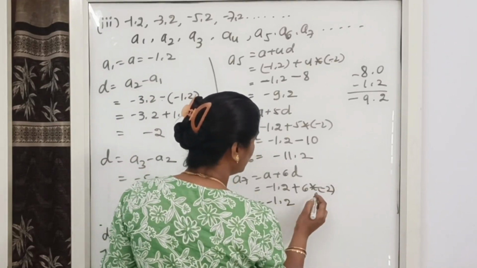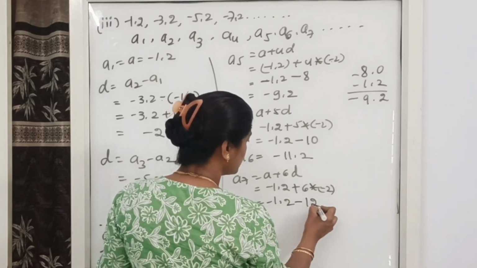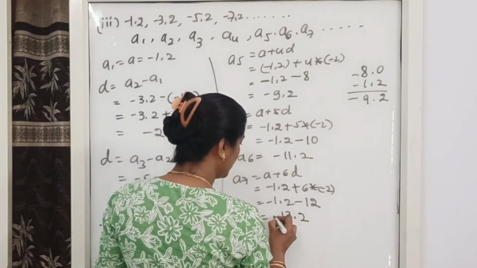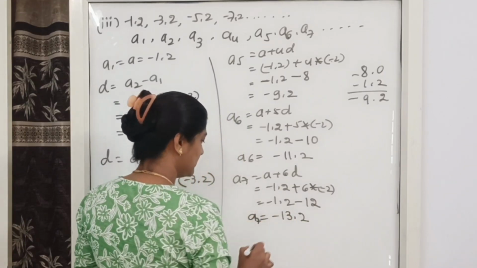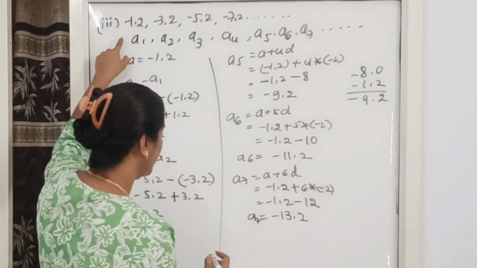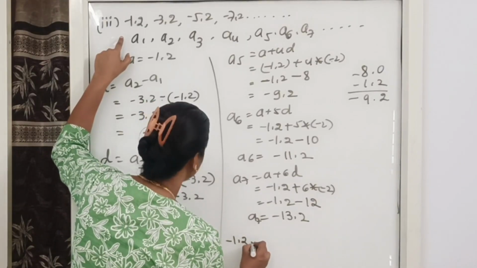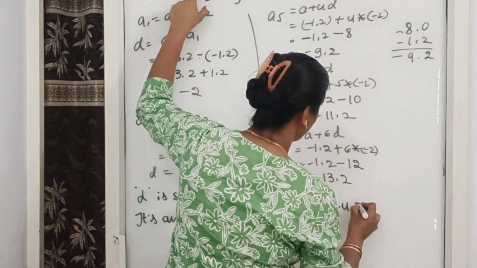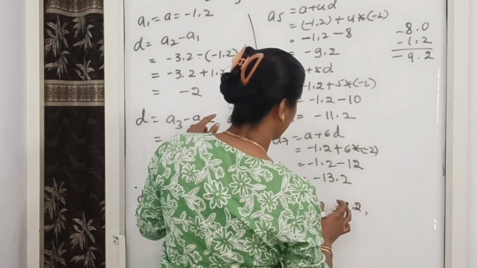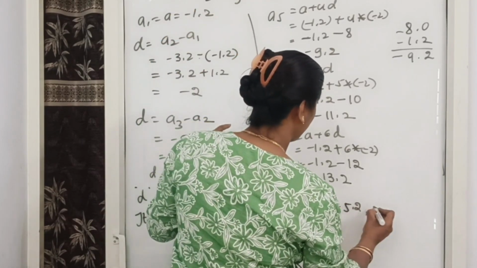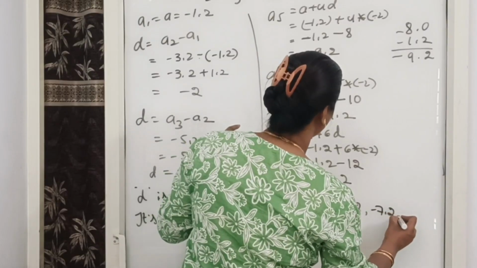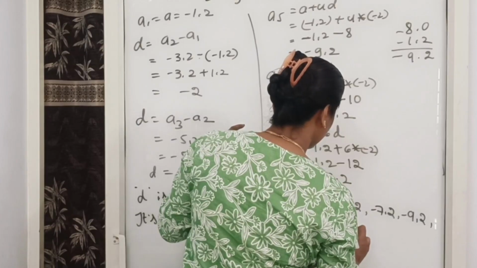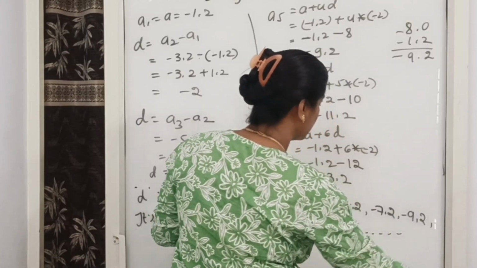Minus 1 by 2 plus into minus, minus 6 2s are 12. So 12 plus 1 is 13, minus 13 by 2 is the A7. So the final AP is minus 1 by 2, minus 3 by 2, minus 5 by 2, minus 7 by 2, minus 9 by 2, minus 11 by 2, minus 13 by 2, and still the continuation is there.